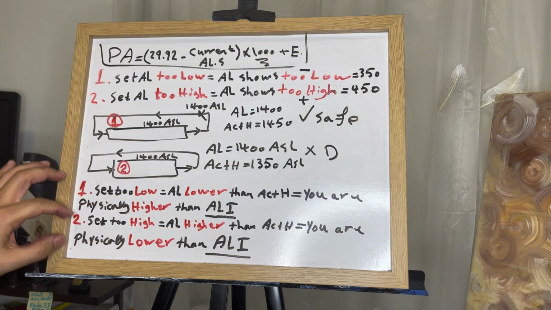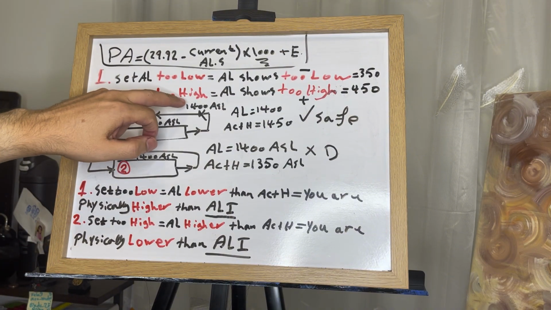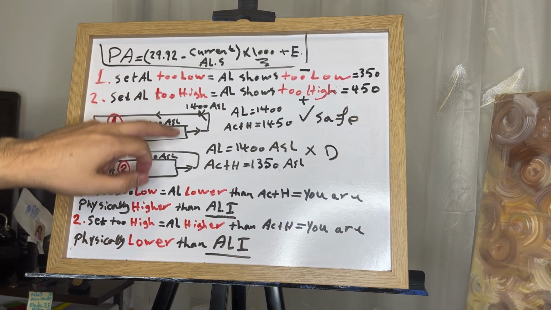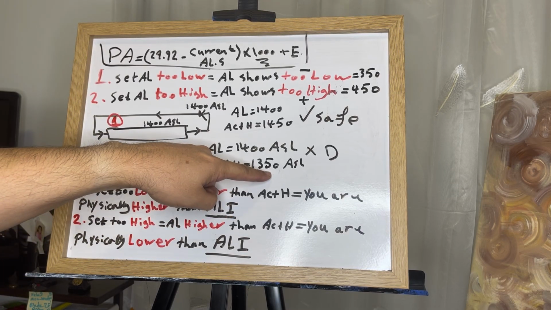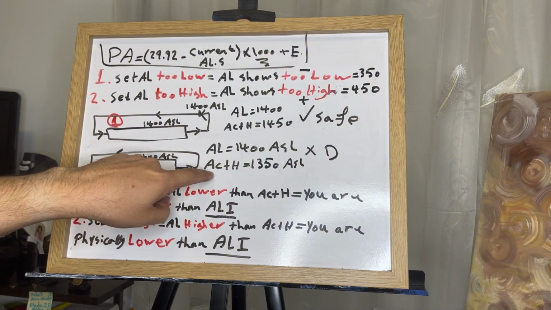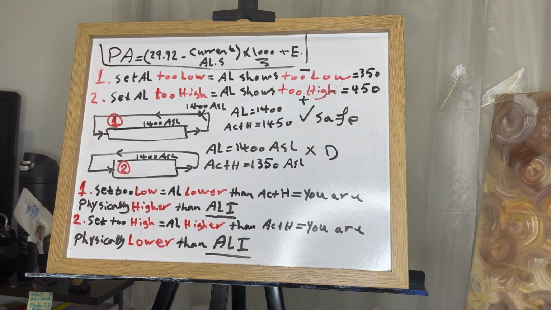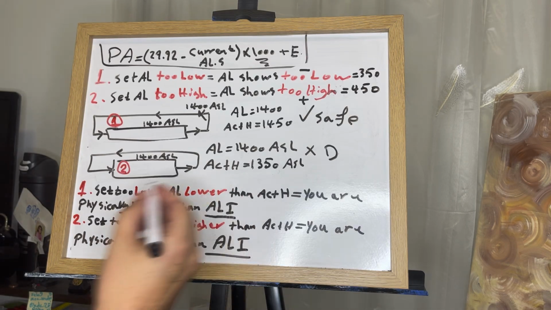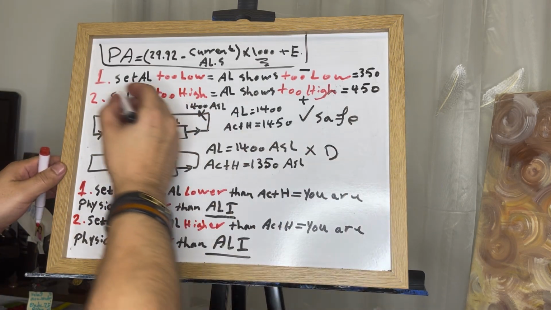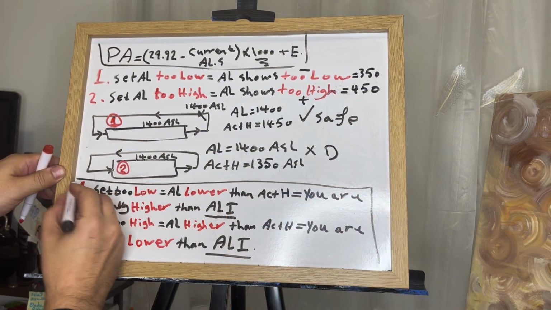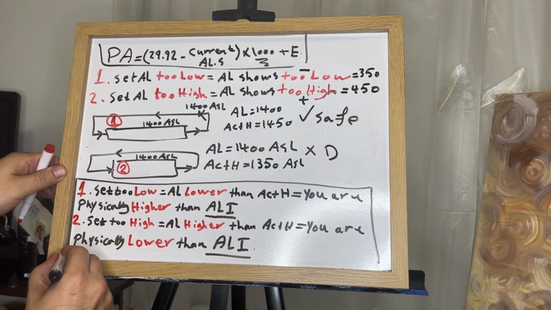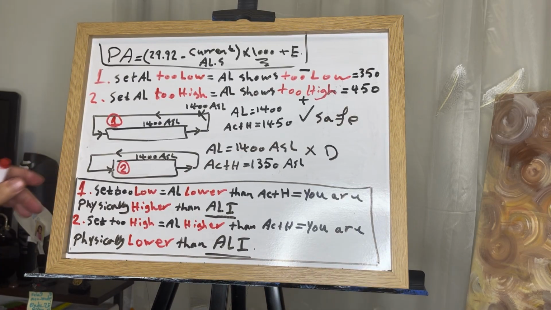In scenario number two, you set the altimeter too high, so when you are in actual flight, the actual height is 50 feet lower than the altimeter indicator. If you memorize these rules of thumb, you can have a better understanding of altimeter setting and you can answer all questions related to altimeter setting.